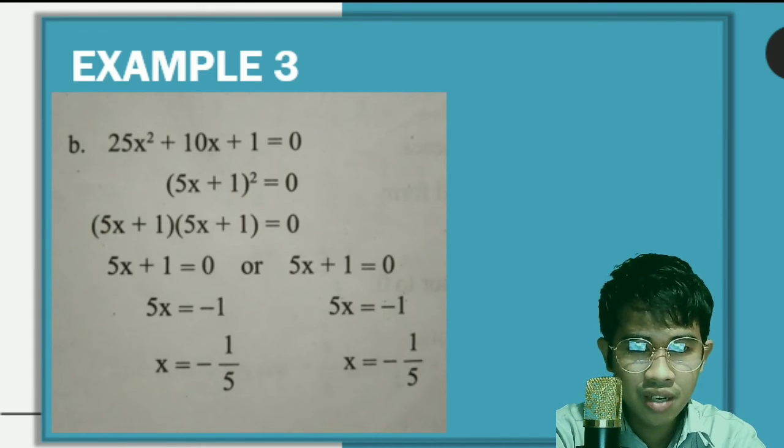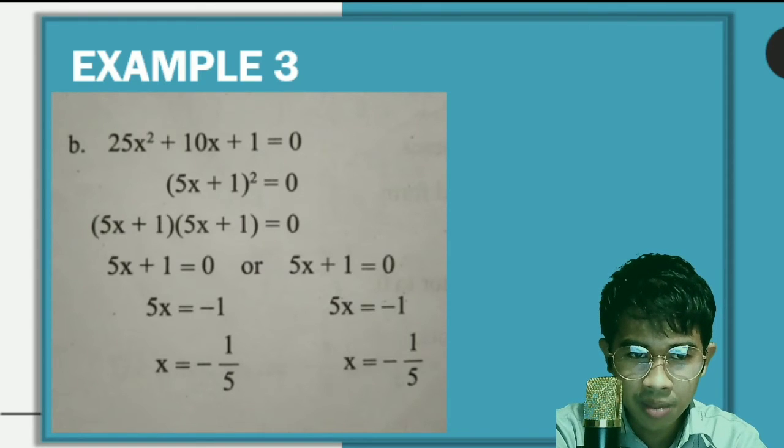So paano ta siya i-factor? The factors of 25x squared are 5 times 5, equal to 25, and the factor of x squared is x times x. That's why 5x times 5x.